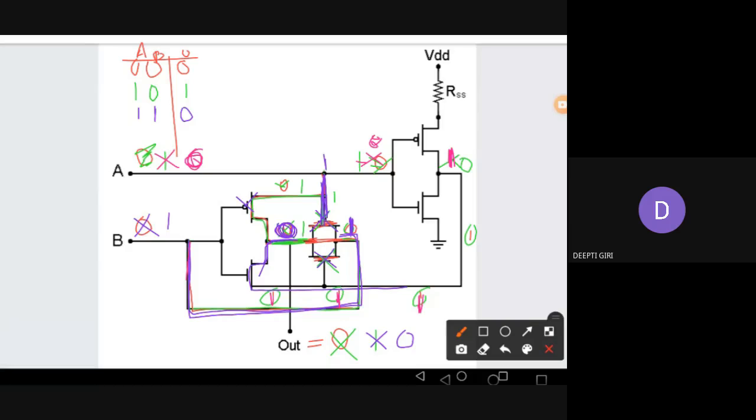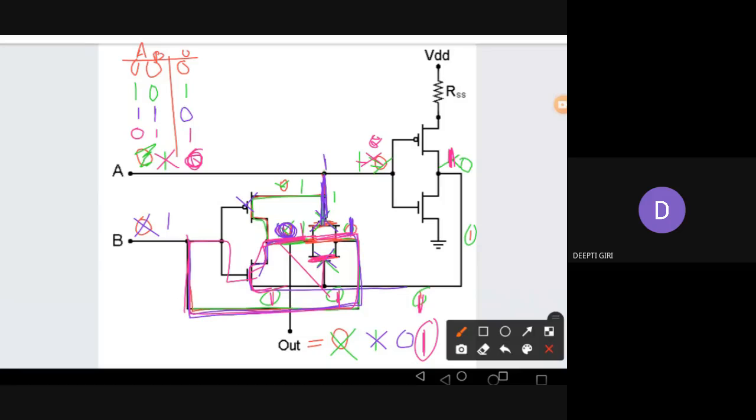And B is 1, so this NMOS is on. So 1 is going to the output. You can see this 1 is making this NMOS also on. B is also coming through this way also. So now output becomes 1. That means A is 0, B is 1, output is 1.